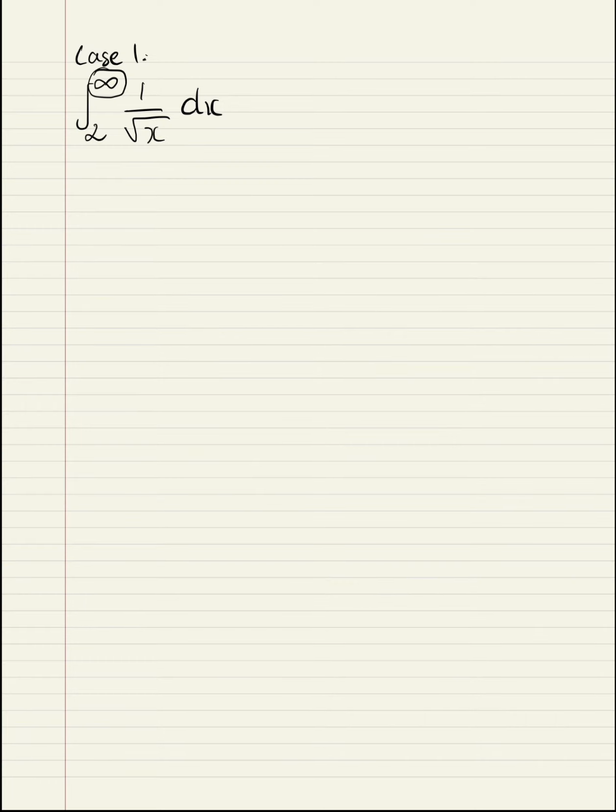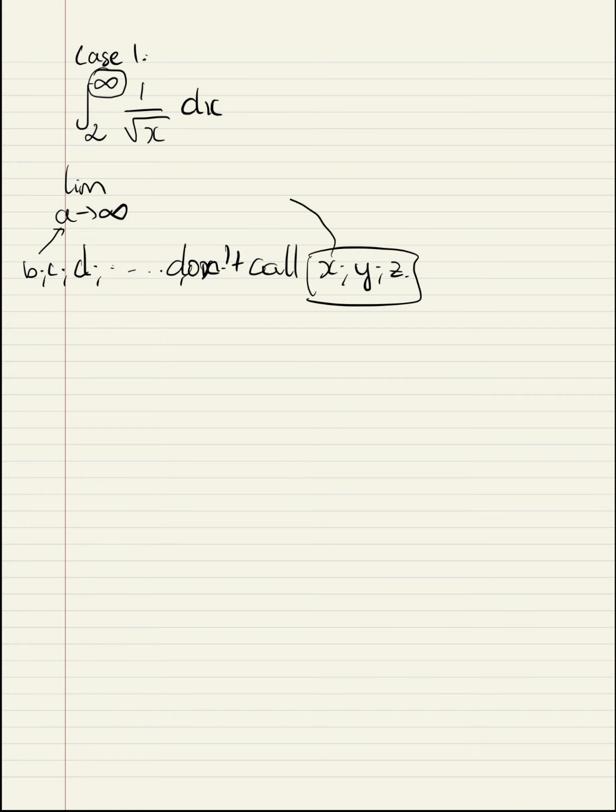By that you have to take the limit as a goes to infinity. You can call this a or b or c or d or something, just don't call it x or y or z, because those are really common and you'll get confused between this one and this one.